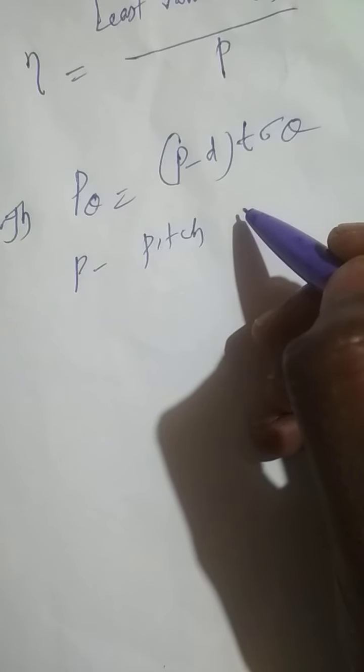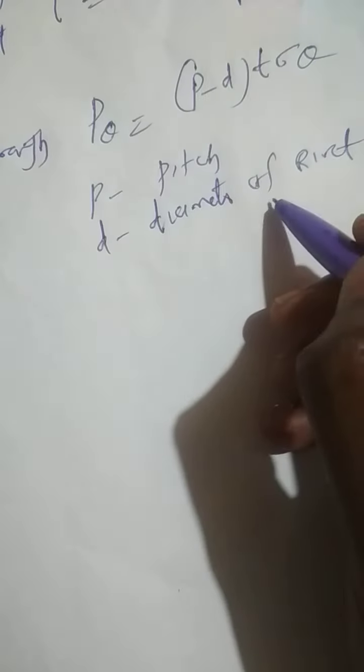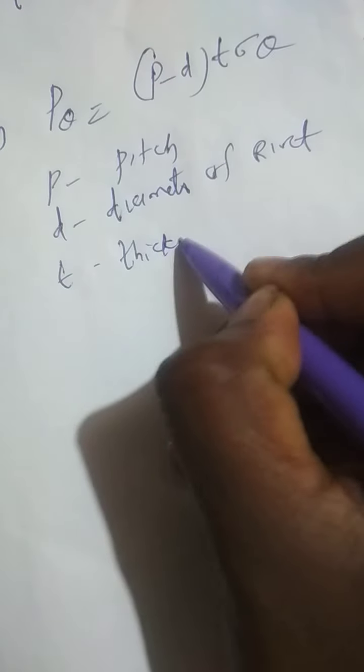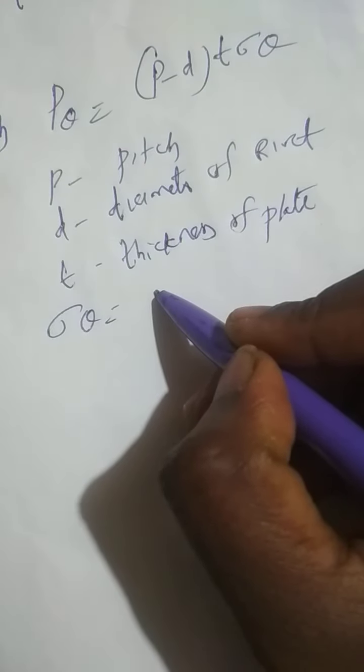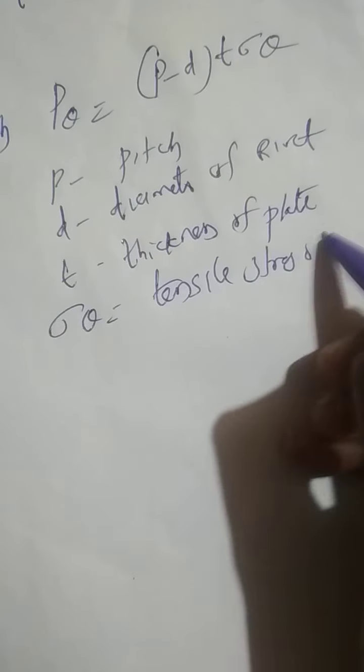Here P represents the pitch of the riveted joint, d means the diameter of the rivet or diameter of the rivet hole, t is the thickness of the plate, and sigma t is the tearing strength or tensile strength of the plate.